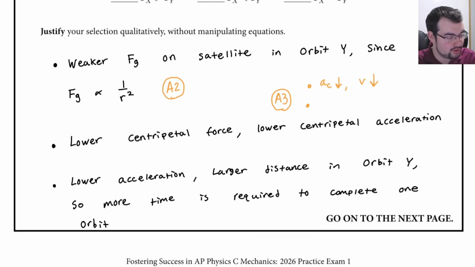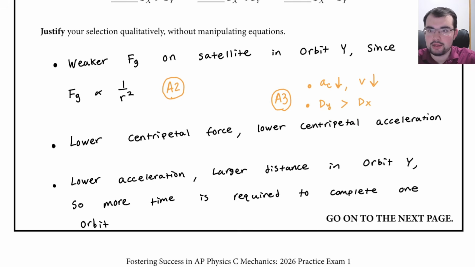But not only that, you also have to say that the distance traveled in orbit Y is larger than the distance traveled in orbit X. I know it seems obvious that the bigger orbit has a bigger circumference, but you do have to reason that, because what if I was moving slower but had to go less distance? That wouldn't necessarily mean it takes more time. So you did have to say that if I'm going at a lower speed or acceleration over a larger distance, I must definitely be taking more time.